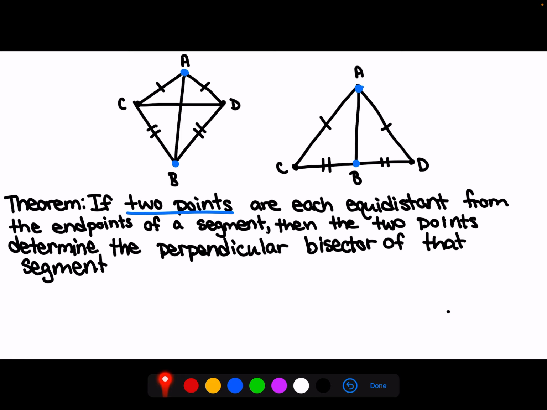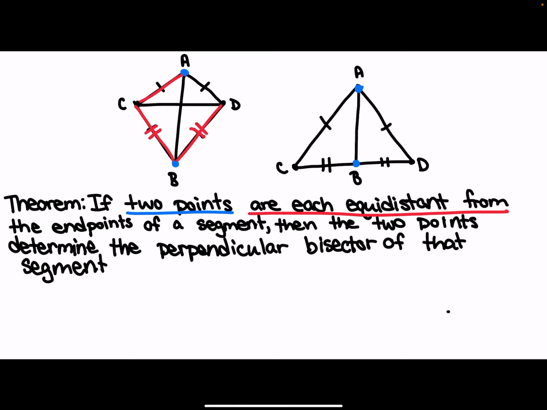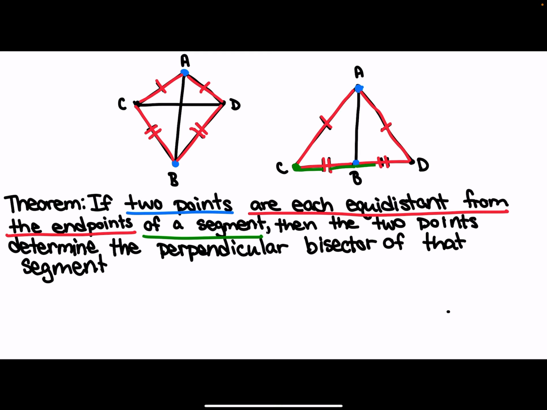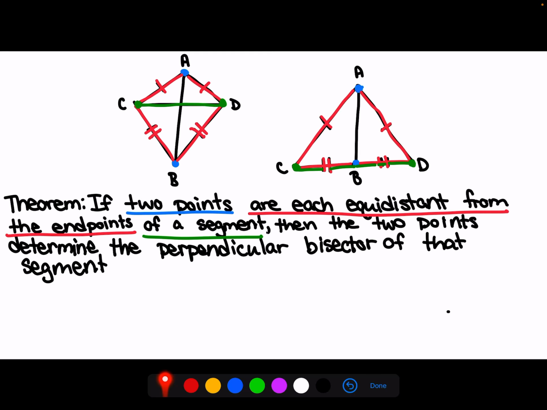I'll just go ahead and draw those in. Then the 2 points determine the perpendicular bisector of that segment. The 2 points being points A and B, those points determine the perpendicular bisector, meaning that AB would be our perpendicular bisector. And this is oftentimes how you'll see it. So at this point, we would be able to say, okay, they're equidistant from the endpoints of the segment being CD.